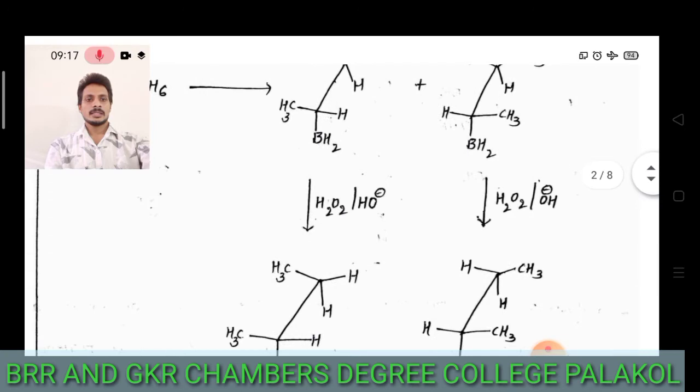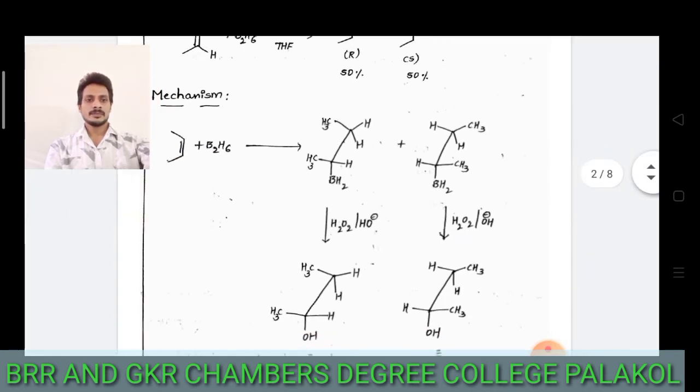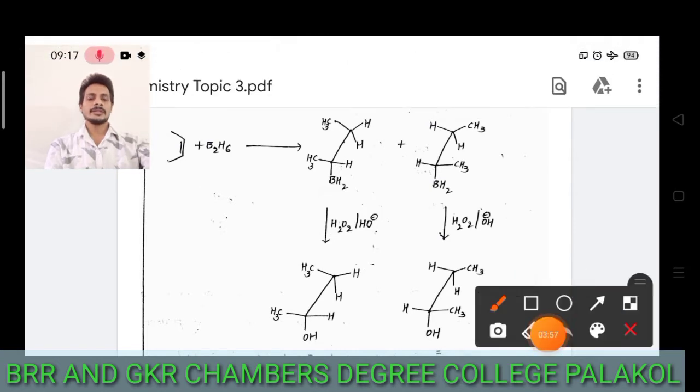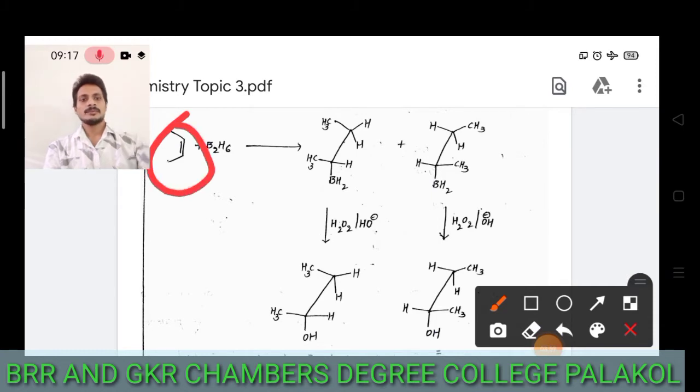In this mechanism we observe boron addition on two faces, because the substrate molecule has two different faces, one is the Re face, another one is the Si face. Then hydroboration takes place on both faces, and it gives two different alkyl boranes.